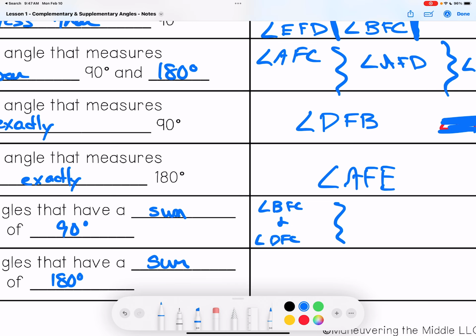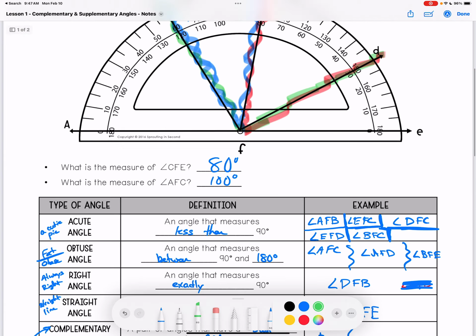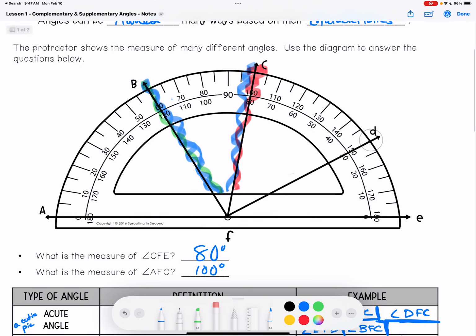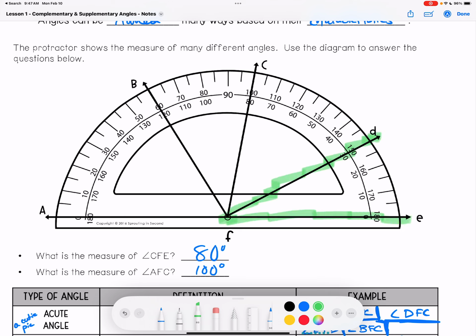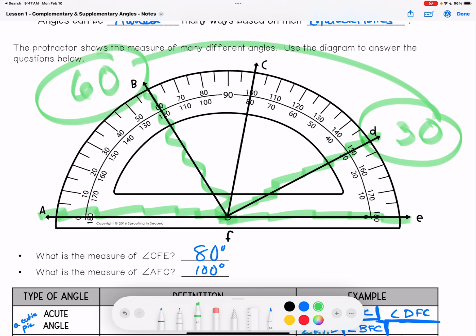All right, the other ones were, let's go up top. They did not have to be side by side, okay? All right, D, F, E is 30. A, F, B is 60. Is 60 plus 30 not 90? It is. So that's the other ones.